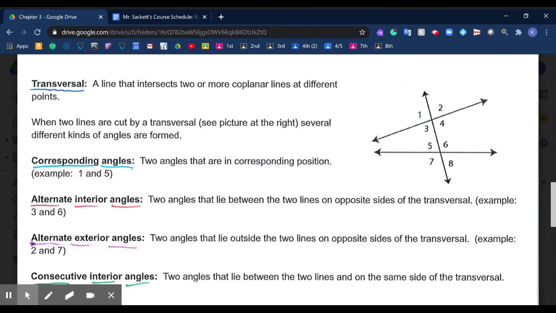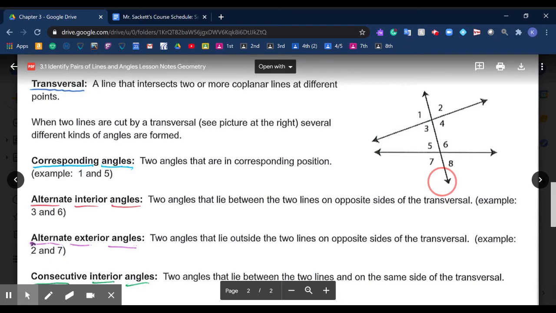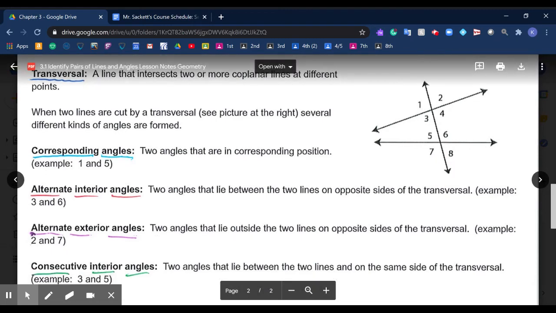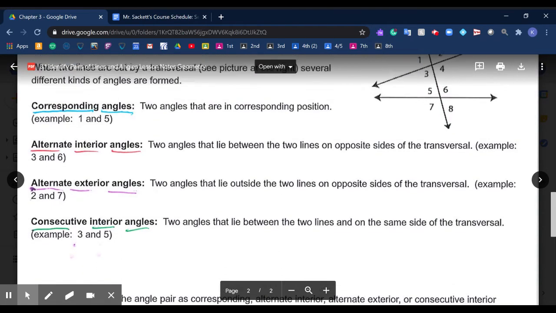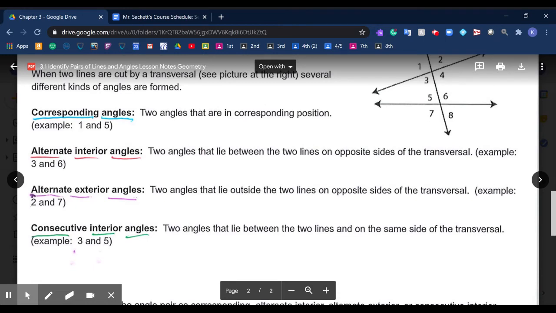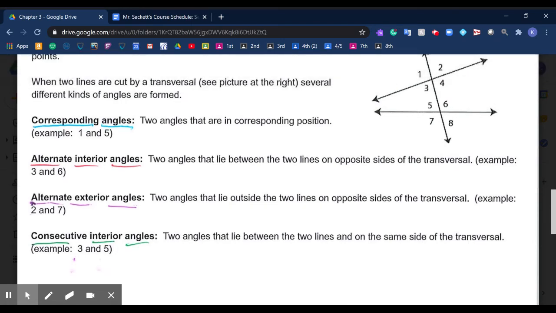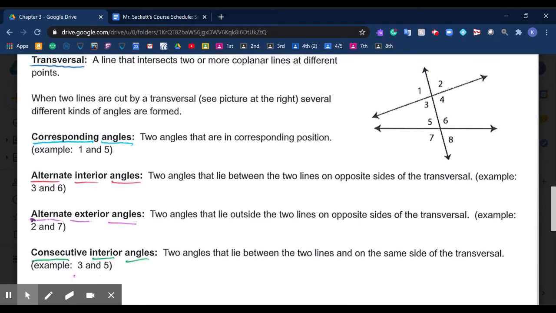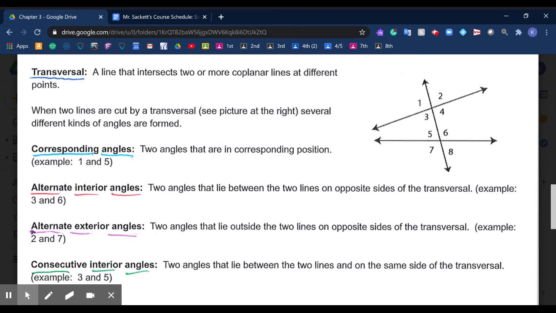So when dealing with a transversal cutting any two lines, we create these four main types of special angle pairs. The first type would be corresponding angles, which are two angles that are in a corresponding position along the transversal.